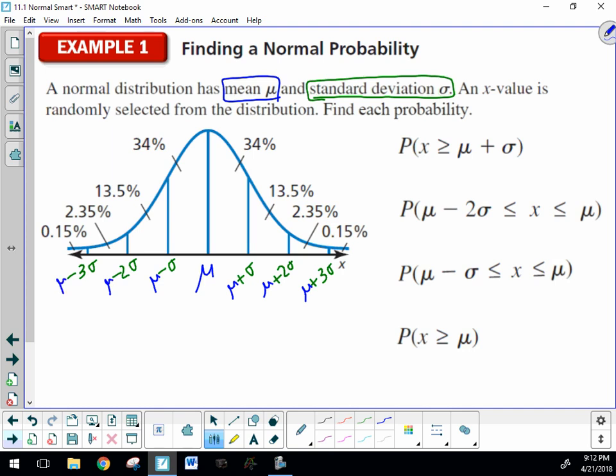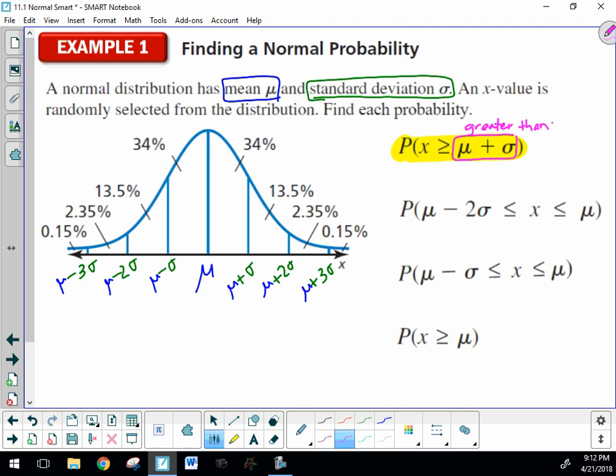Okay, so the first question says, what is the probability? The P stands for probability of x being greater than the mean plus 1 standard deviation. This is one quantity. We want to know what's the probability that x is greater than that value.